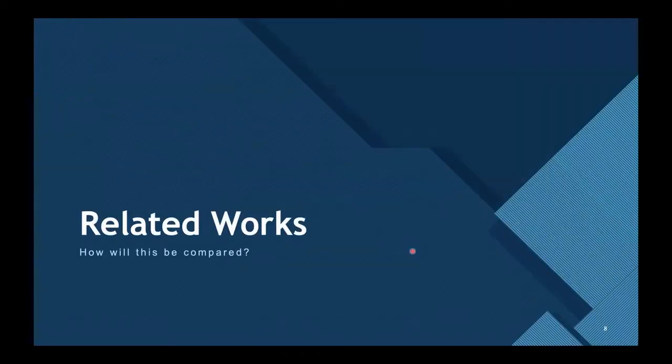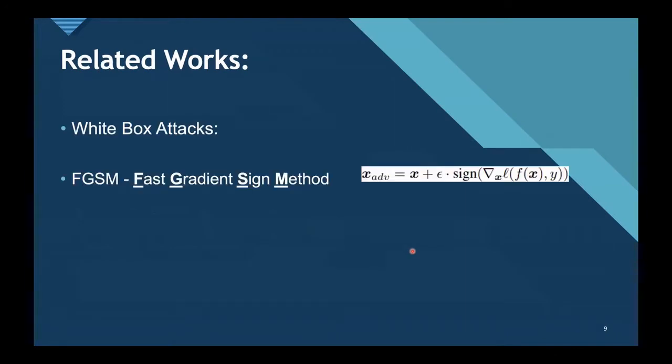So now let's talk about related works, how this SGM will be compared. They list as white box attacks the FGSM, which we know very well, the fast gradient sign method. We do a single step of size epsilon in the direction of the gradient.